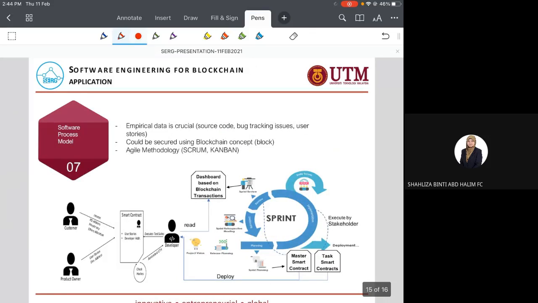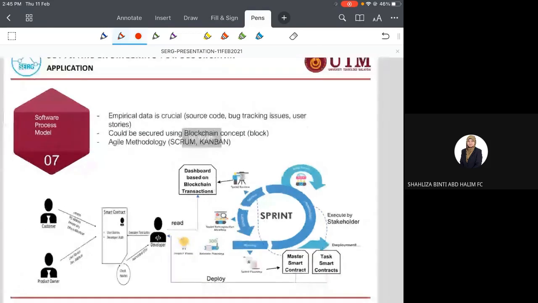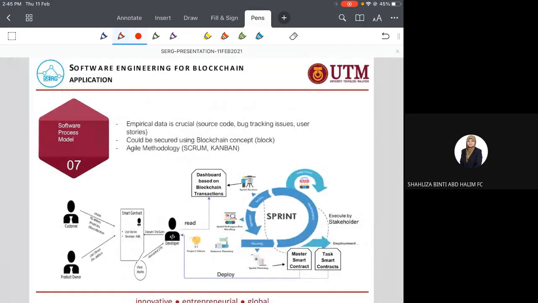Okay, this is the process model. This is Dr. Adila, who is an expert on Agile. Maybe Dr. Adila can explore after this how to implement Agile Scrum or Kanban for blockchain. For example, what I read is that they put the user story, and inside the user story you will have the acceptance test.